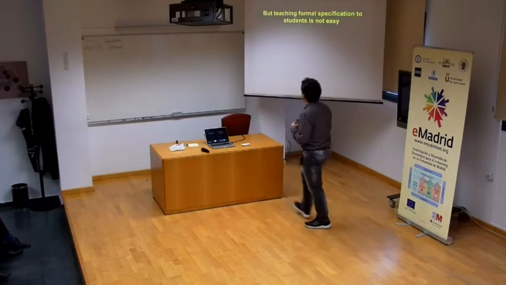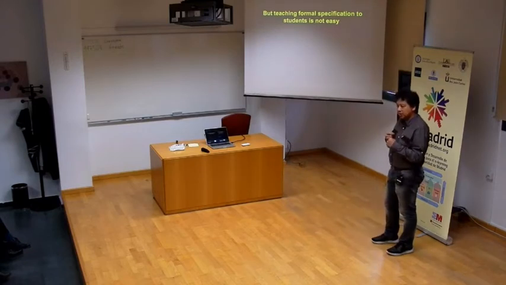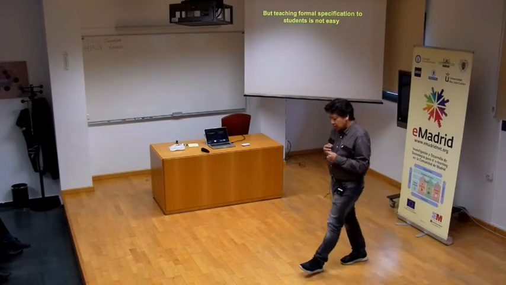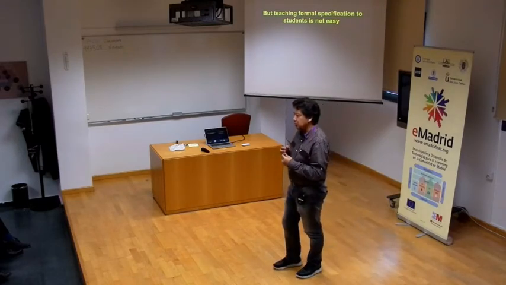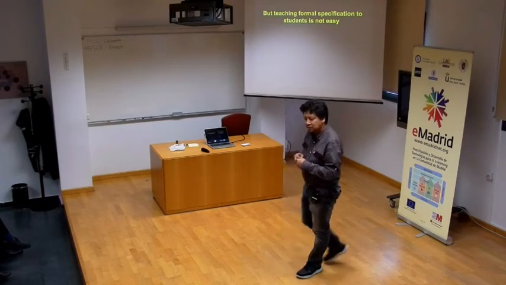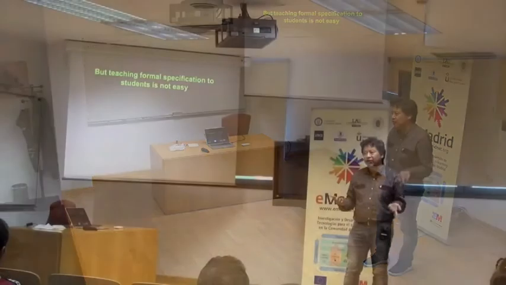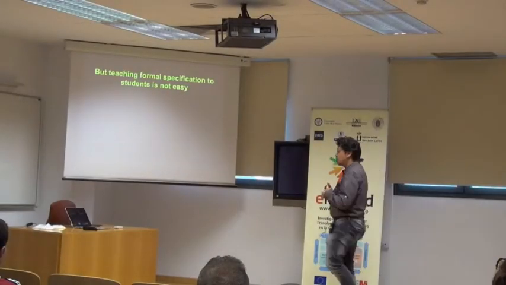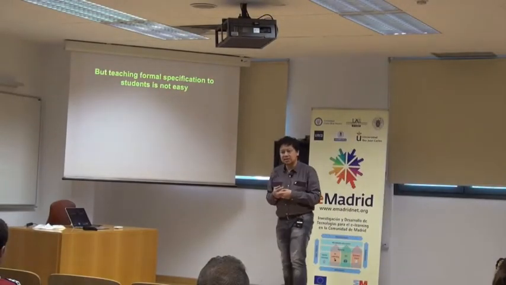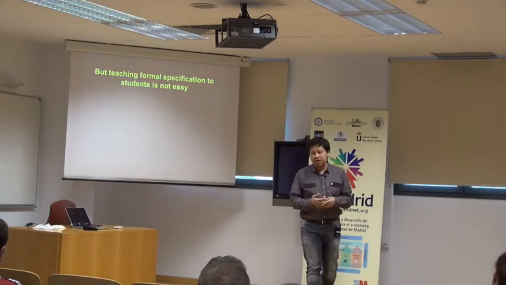Still, it's not easy to teach students to write formal specifications. This is a bit strange because you just saw that you can write it in Java, and all those students are good programmers, better than myself. They have a background in logics, so you do have the ingredients, but somehow writing formal specifications is just a little bit more difficult, at least without some training.